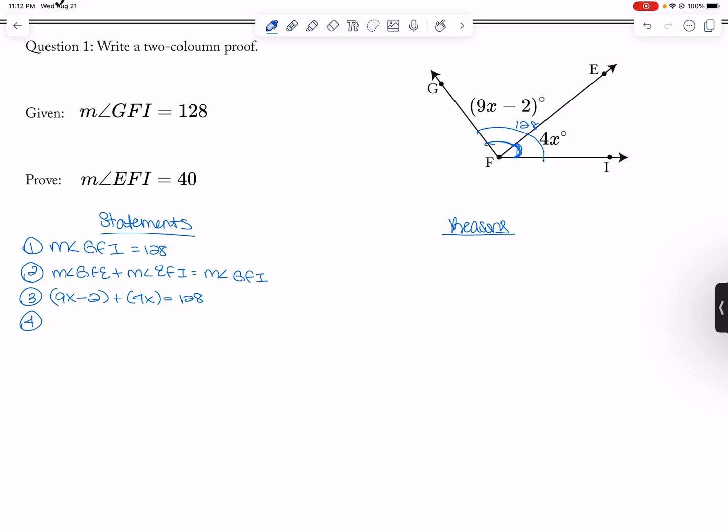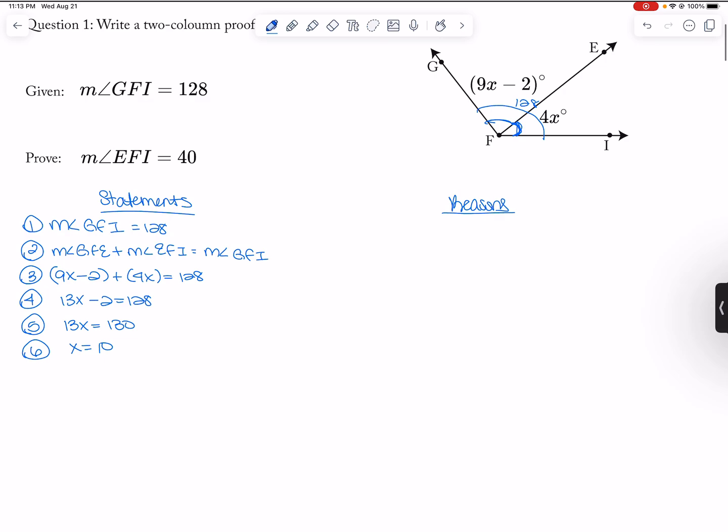Okay. After that, what would we do? We'd solve for x. So I go 13x minus 2 is equal to 128, right? And then I would add 2 to both sides. So that gives me 130. And then my last step would be to get x is equal to 10.